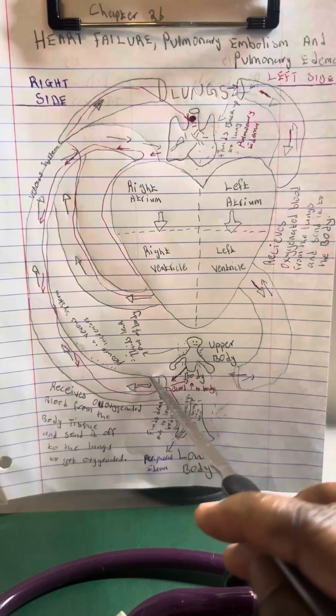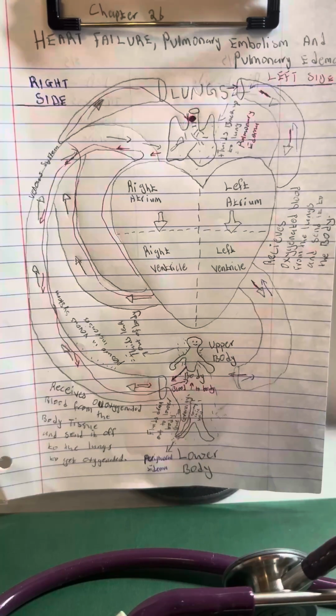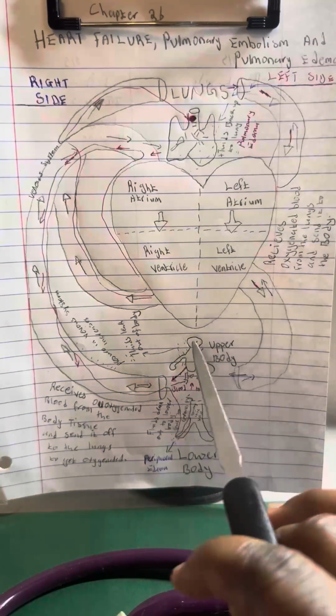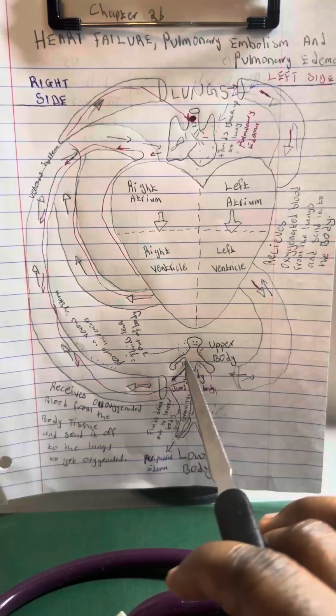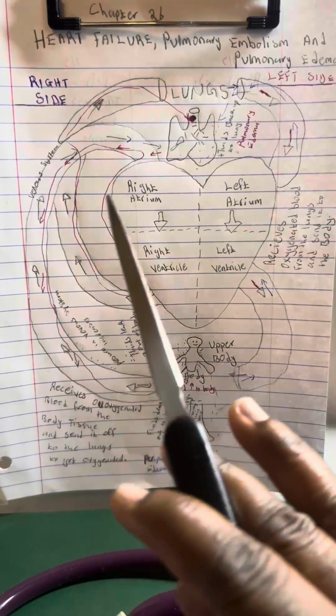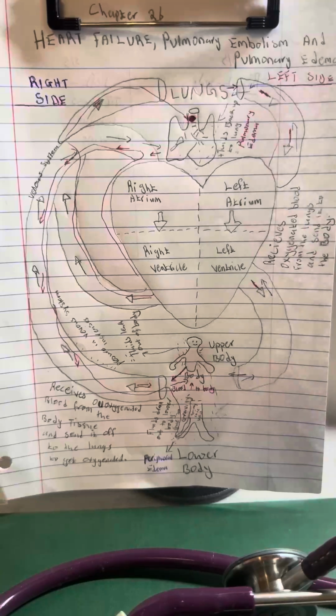Another deep vein could be our common iliac vein. I believe a clot from our common iliac vein is going to start from somewhere in our lower body and then travel all the way to our lungs. That could also cause pulmonary embolism.